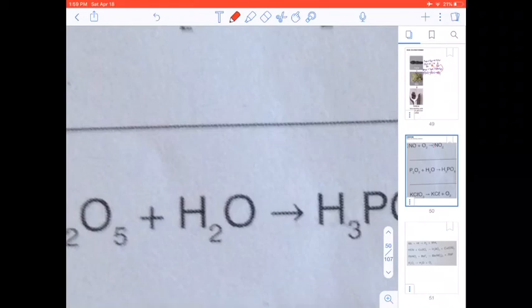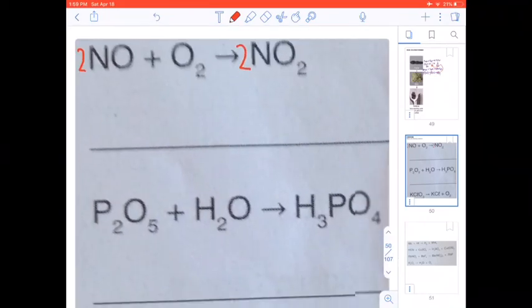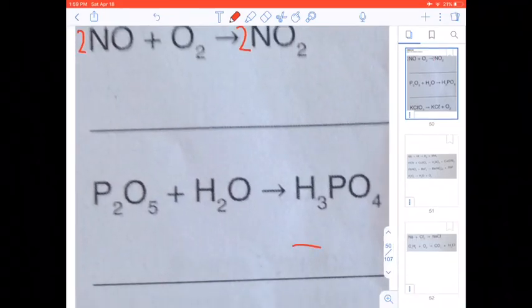Let's look at the next one. Here again the state isn't given, since we're only concentrating on the balancing. Here we have diphosphorus pentoxide plus water, which gives us phosphoric acid.